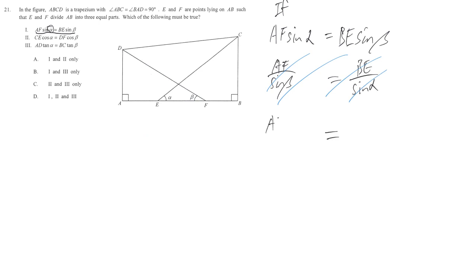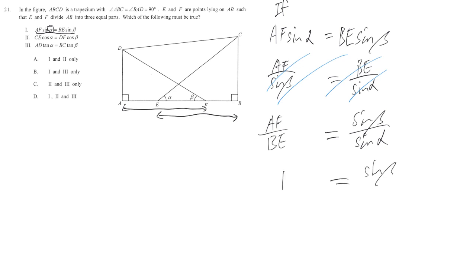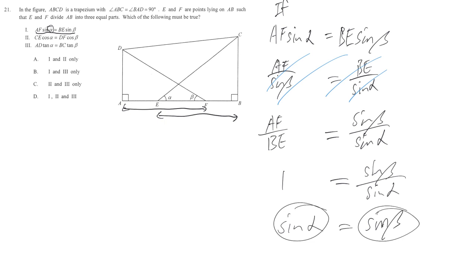We compare AF with BE. And don't forget that AF is 2 units and BE is 2 units. So basically they are the same. So this is 1. That means if statement 1 is correct, then sine alpha will equal sine beta.